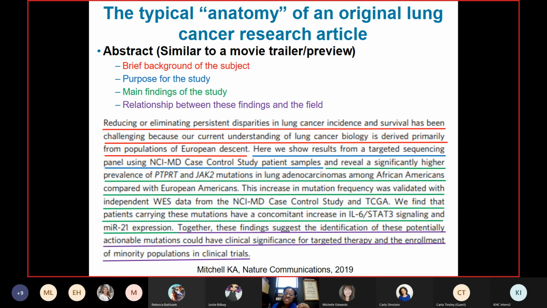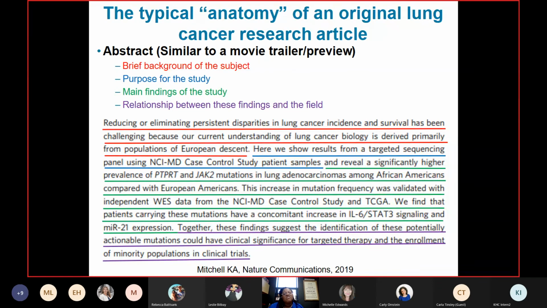So 4 things to keep in mind about an abstract, right, is that there's a brief background of the subject. So all abstracts function in this way. So I've underlined in red the brief background for this particular abstract for this paper. Right? It's putting into context the problem, in particular, how many people are getting lung cancer, how many people are surviving, and which groups in the country we're studying.